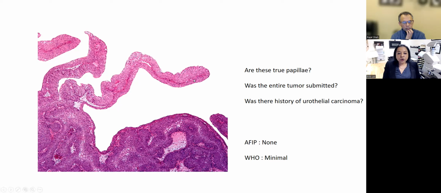You have to make sure if you start to see true papillae that there is no history of urothelial carcinoma. Then you have to kind of back off. And also remember to submit the entire tumor. Because if you're seeing true papillae, you need to examine all the exophytic growth in order to confidently make this diagnosis.